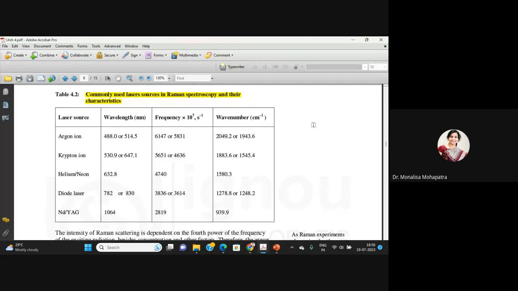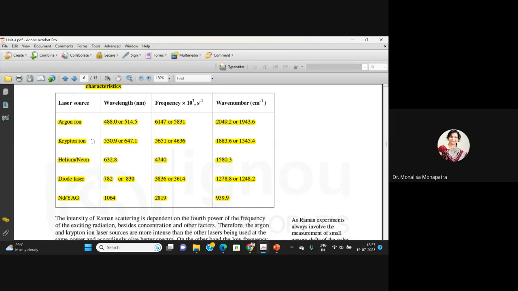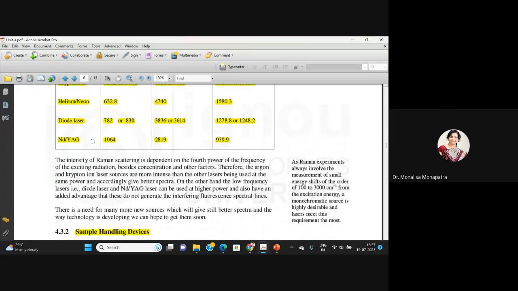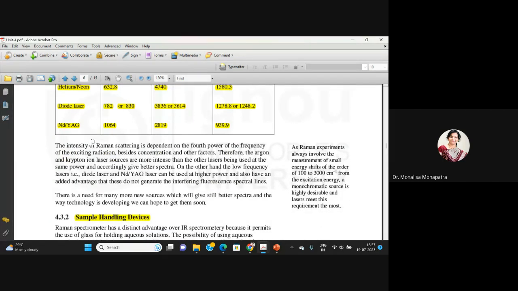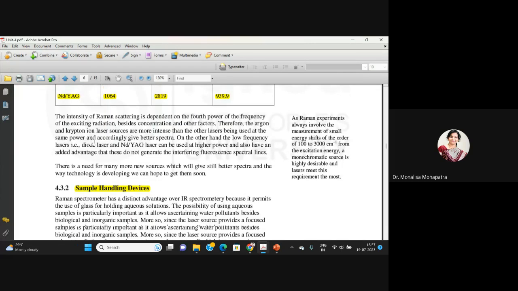If I did my research in IIT, my facilities were more; here my facilities are less, so accordingly you do your research in a different way. So here the laser sources are argon ion, krypton ion, helium neon laser, diode laser, and Nd:YAG laser. You can use them in different ways, depending on how good a resolution you are going to get.